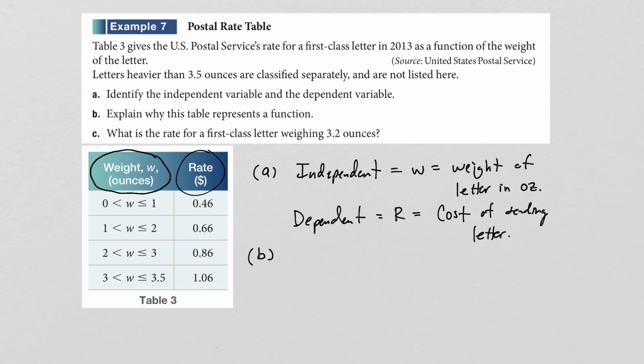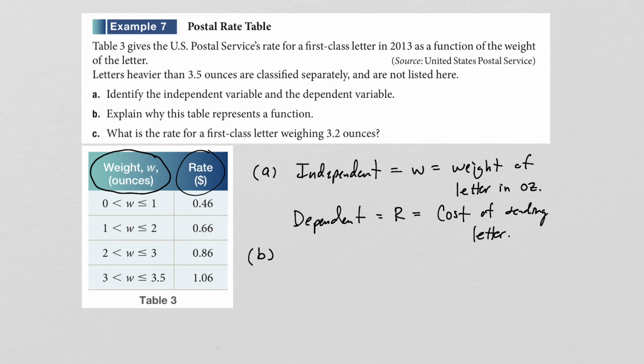Part B, explain why this table represents a function. Okay, well, if you have a letter that weighs a particular amount, no matter what the weight of your letter is, that's going to fall into one of these categories. And once you know what category it falls into, you can see the rate that they charge right here.